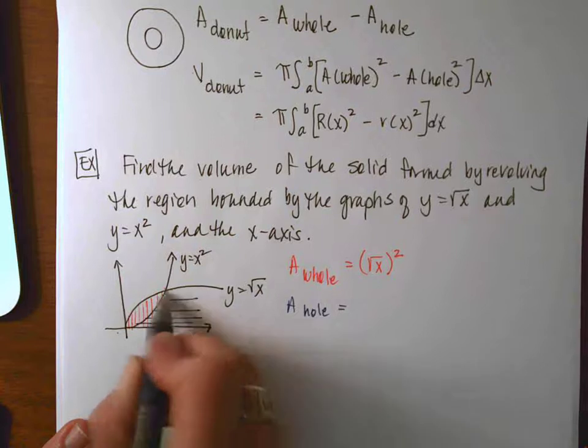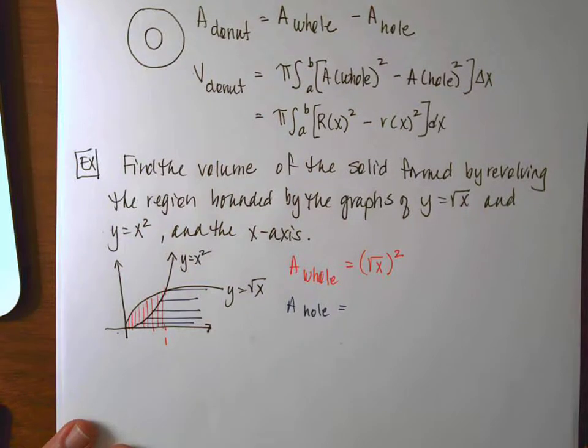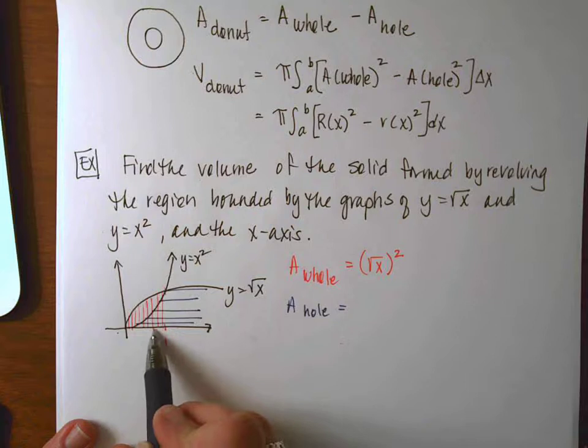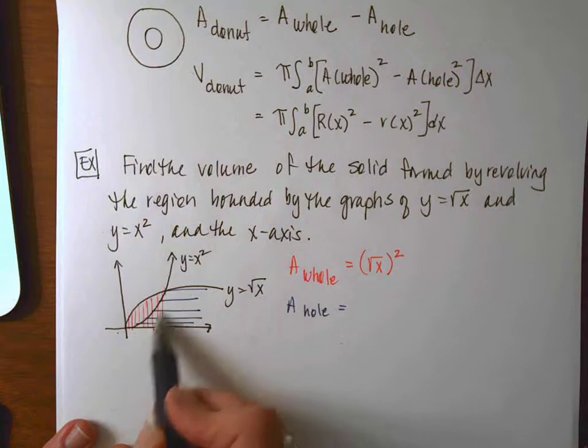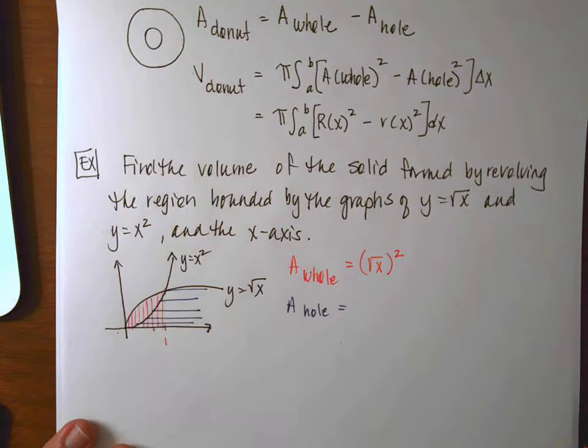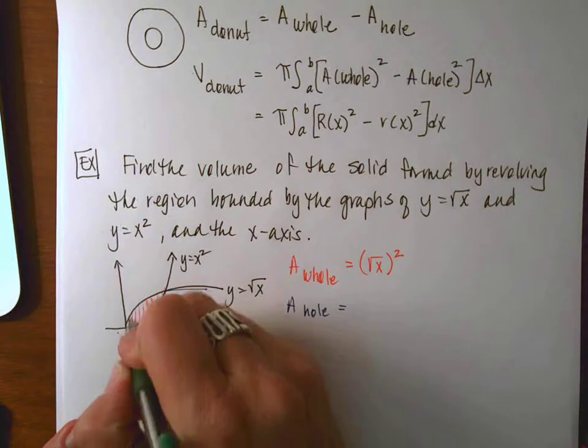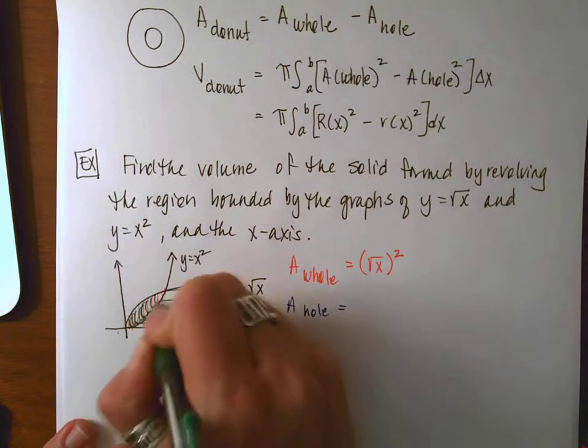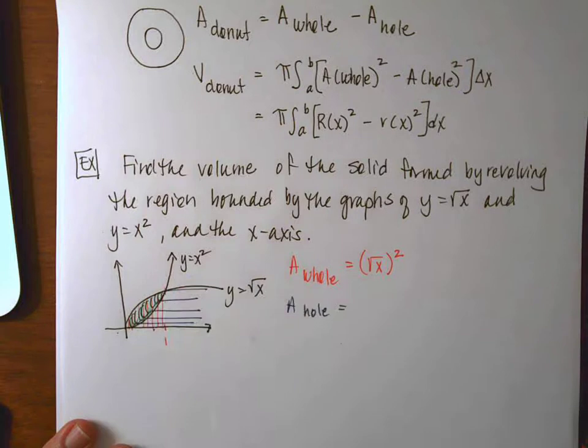It's going to be what's underneath this curve, okay? And if I take the area all the way down to the x-axis and I subtract this area, let's try some green, then I'm going to get the area of the donut, okay?